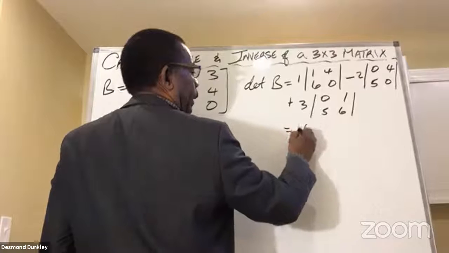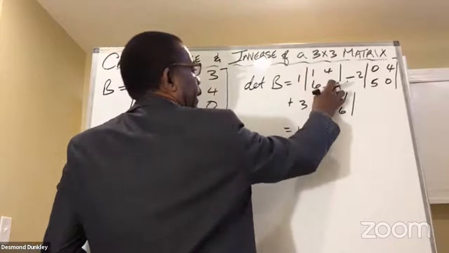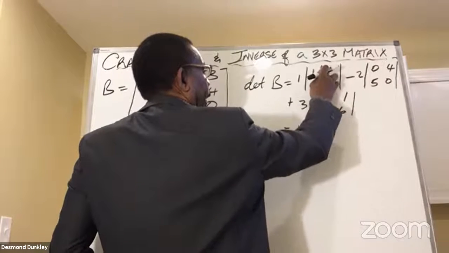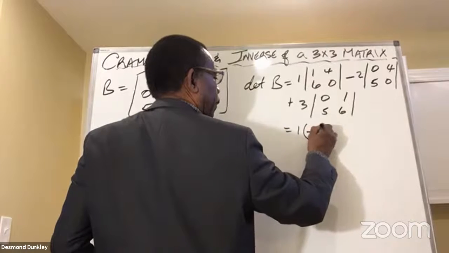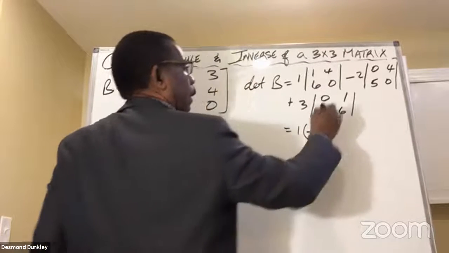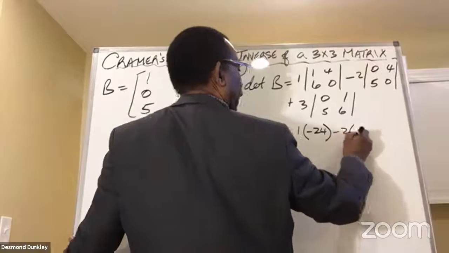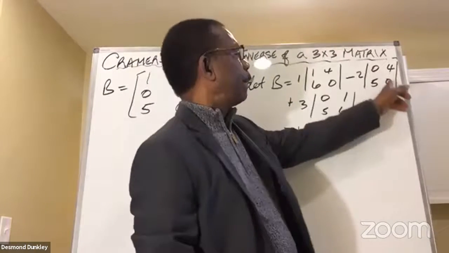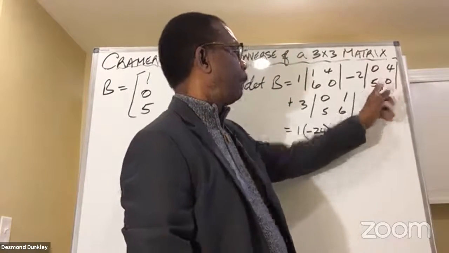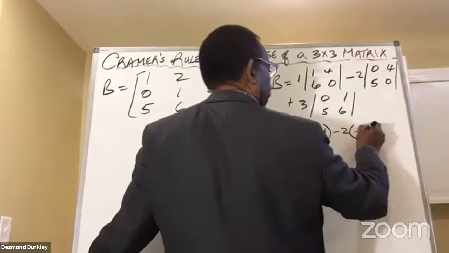It's going to be 1 times 0 is 0, take away minus 4 times 6 is minus 24. Then minus 2 times 0 times 0 is 0, 4 times 5 is 20, so it's minus 20.